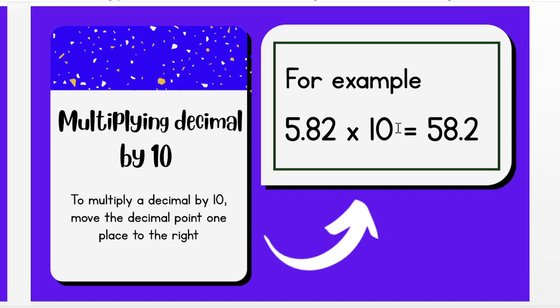We only have one zero beside 10, so we move the decimal point one place to the right. That is why it comes after the 8. So the answer is going to be 58.2. I hope this is very clear.